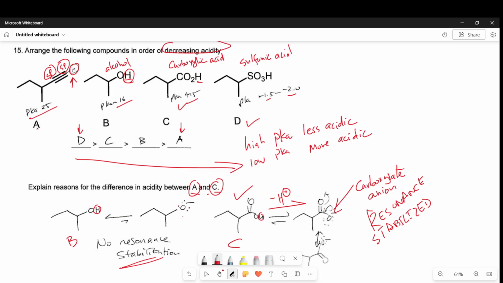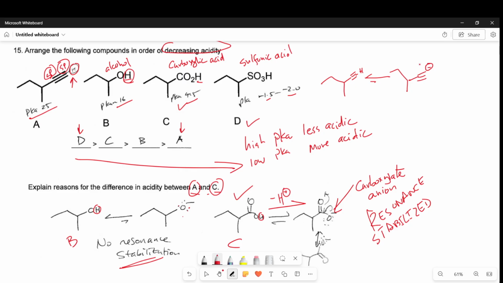So this is pKa 25, C is pKa 4.5. So obviously, the acidity is a very large difference. The carbanion, for example, if you take that compound, it's linear. If you dissociate that into its acid and base form, it doesn't really like to give that acid that easily.